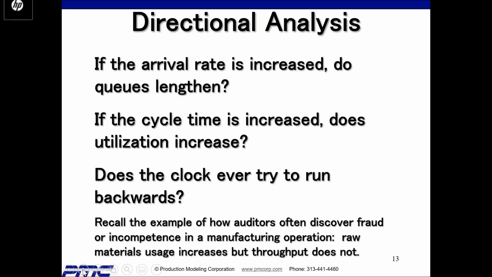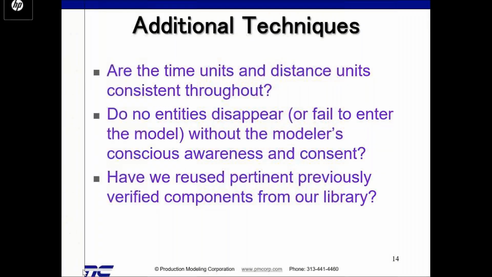Why are we using so much more raw material and yet we're not producing any more product? Maybe the defect rate went way up and we have a huge pile of rejects. Maybe some of that raw material is going home in the trunks of the workers' cars. Similar doubtful mindset is very useful in simulation.